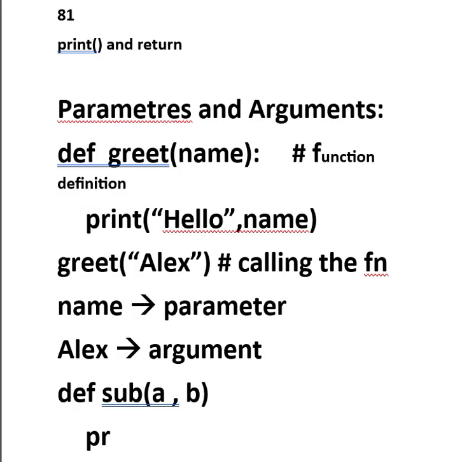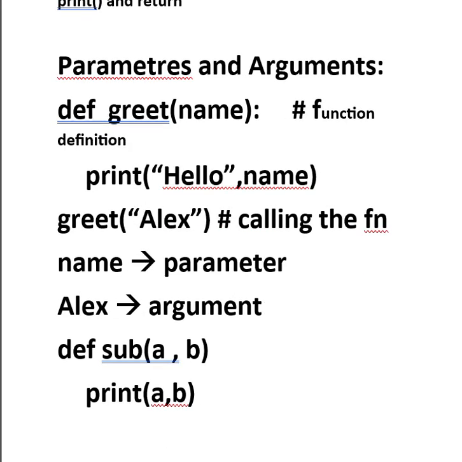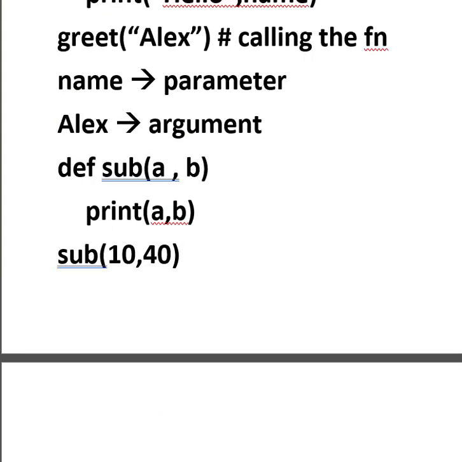I'm going to print variable a comma b. At last we need to call the function sub, and while calling the function, we need to give actual values, that are called arguments. I'm going to give the actual value 10 and another actual value 40. What is the output?